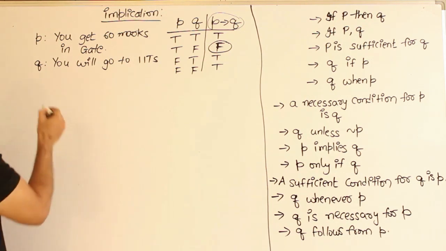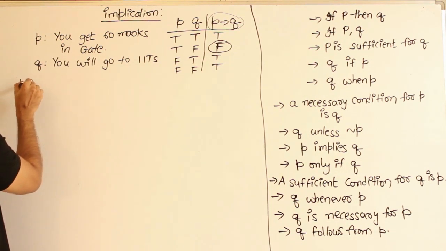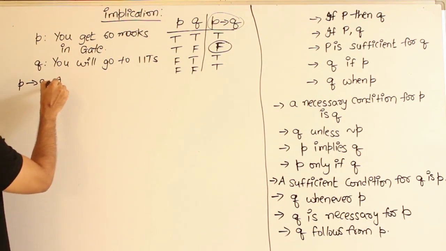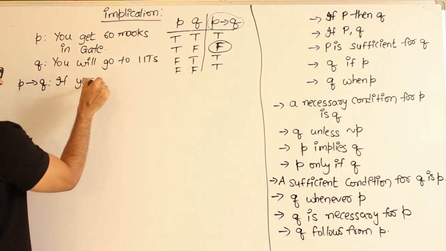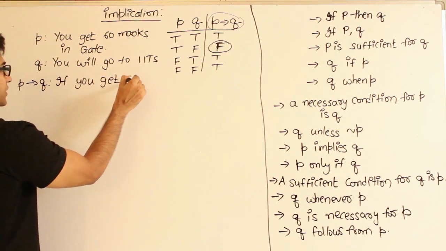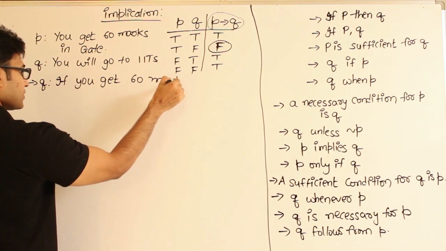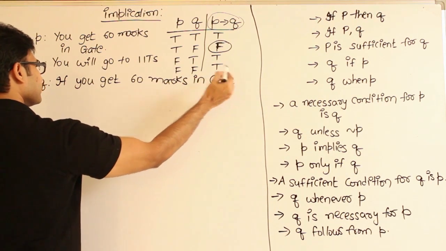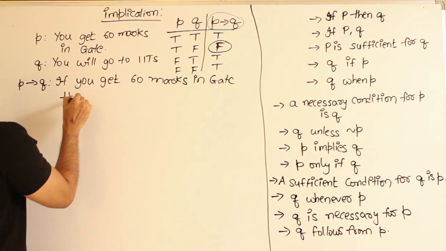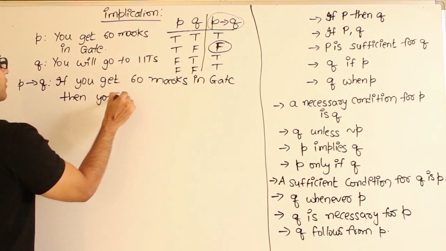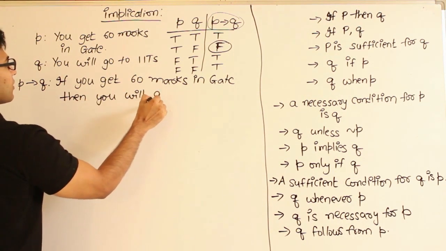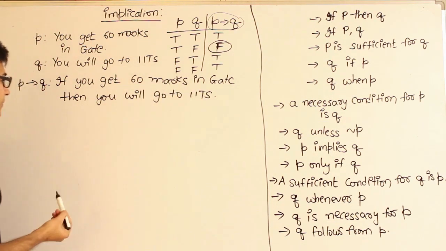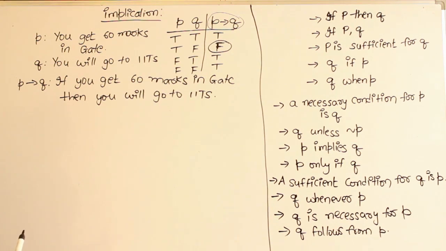Now, the meaning of P implies Q in this case is, if you get 60 marks in GATE, then you will go to IITs.